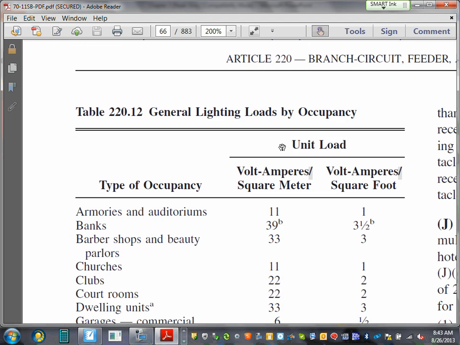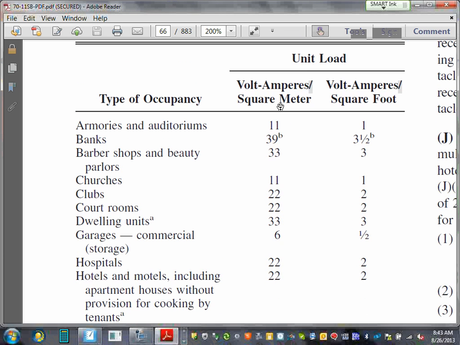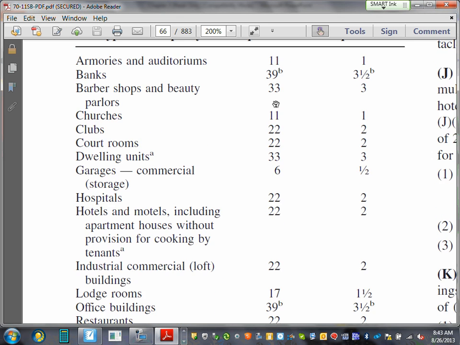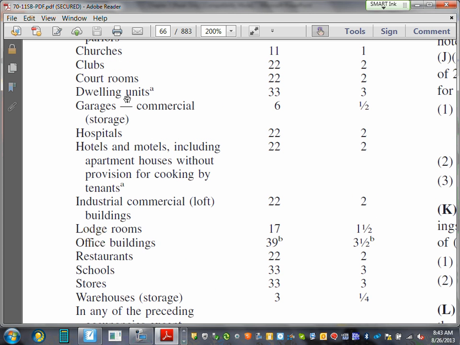Then the table that we looked at, guys, right here, this table, general lighting loads by occupancy, gives you the allowances, volt-amps for all your lights, whether commercial or industrial. But for residential, can you guys see dwelling here?